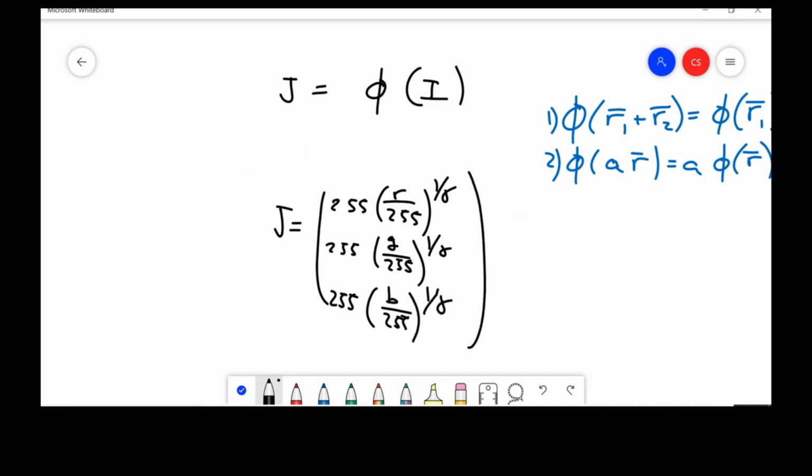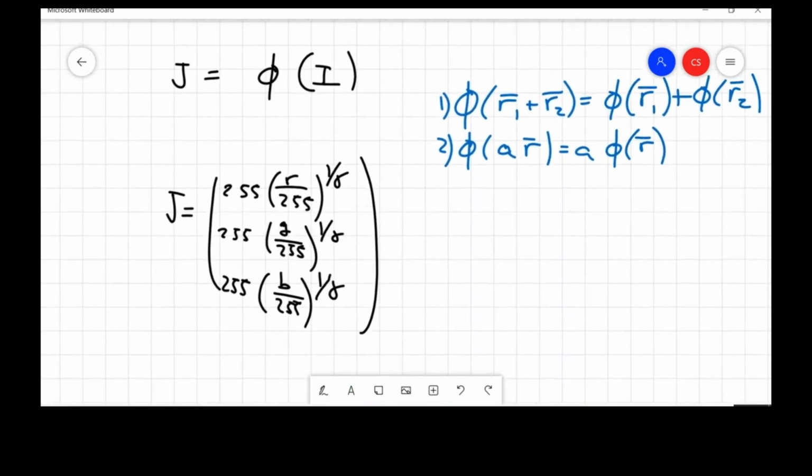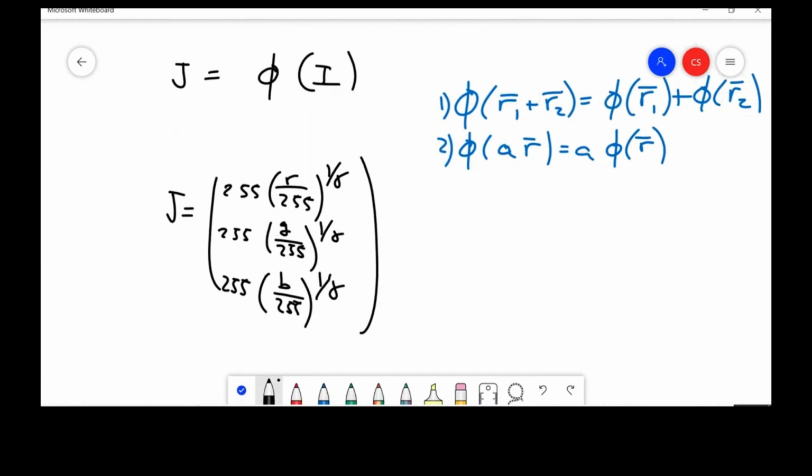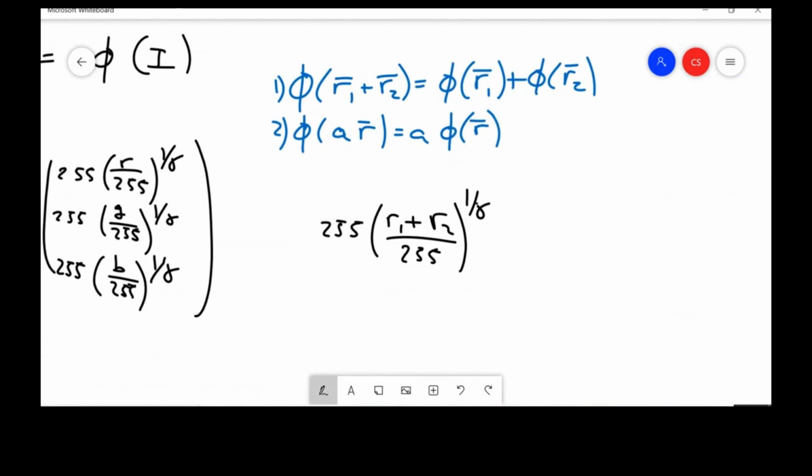If you try to do that, how do I know that this is non-linear? If I try a couple of colors, let's do it with the first one. Then I will have 255 times R1 divided by 255, to the power 1 over gamma, and in general this is different from what I should have.